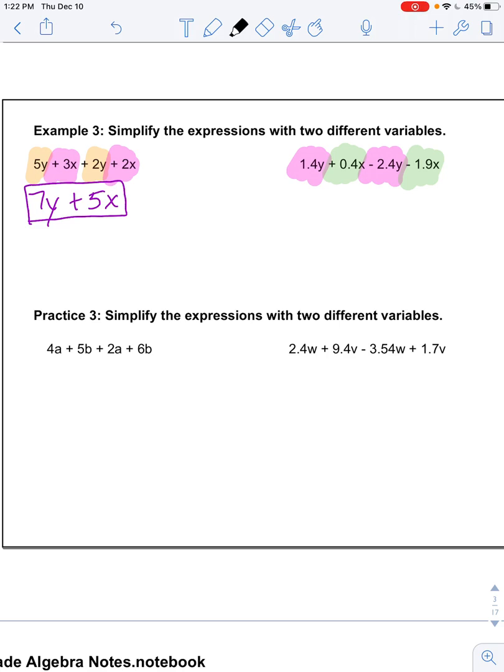So I got 1.4 plus negative 2.4 to get negative 1y. And then I add 0.4, which is green, to negative 1.9, which is also green, to get negative 1.5x. And then that is your final answer because you cannot combine them because they are different letters.